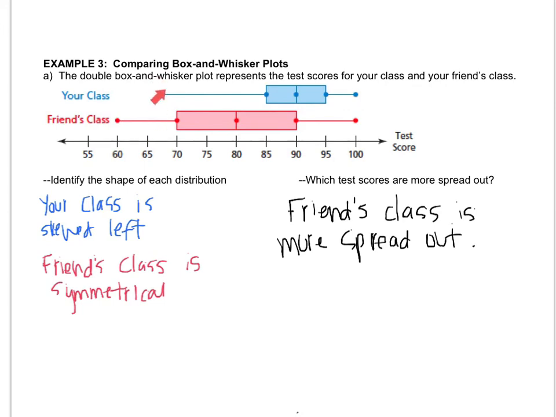But let's say there's just one or two kids over here, and when you pull those out as outliers, this is where the whisker is. And that might be more symmetrical as well, even though it'll be shifted up. So it doesn't necessarily tell you a lot of information, but you get to see where the bulk of the class is. If you have any questions, write them down and ask me when you come to class.